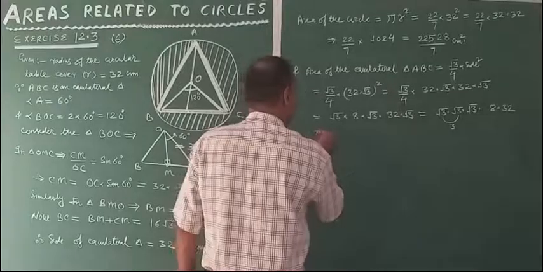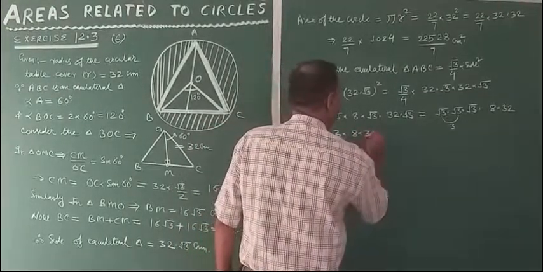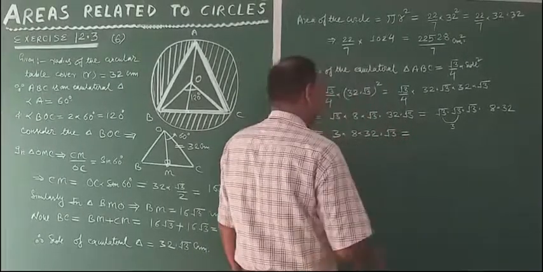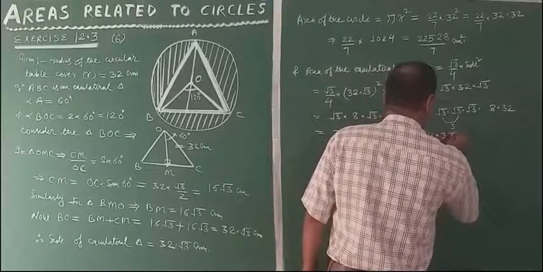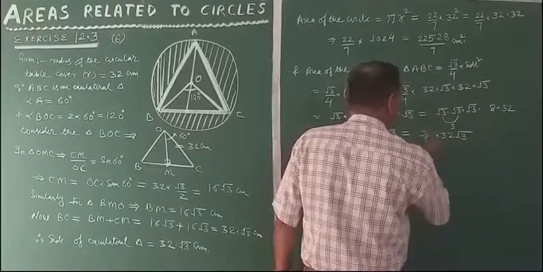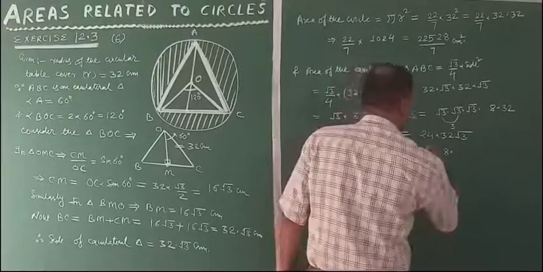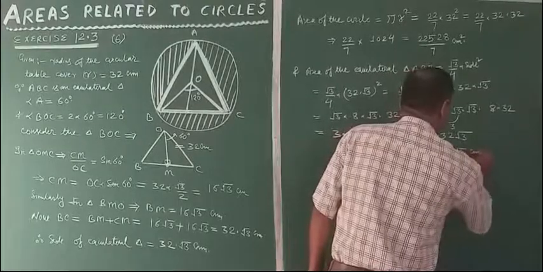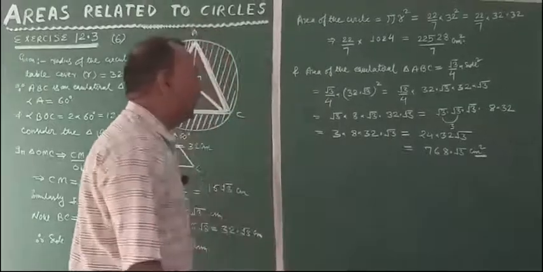So this will become 3 into 8 into 32 into root 3. 3 8 is 24 into 32 root 3. Just multiply them. 24 into 32 is 768, and root 3 centimeter square. This is the area of the equilateral triangle.